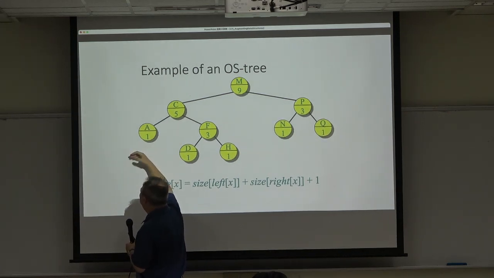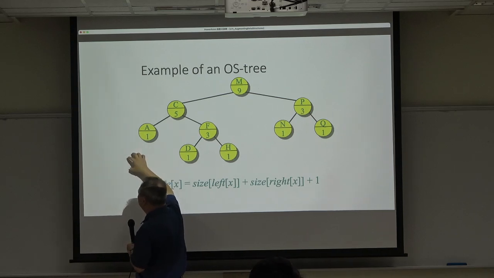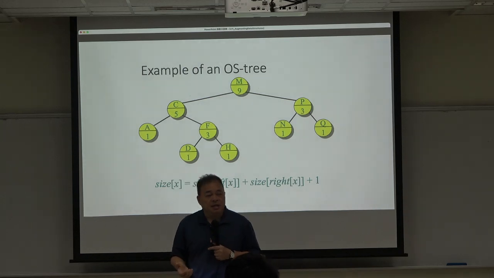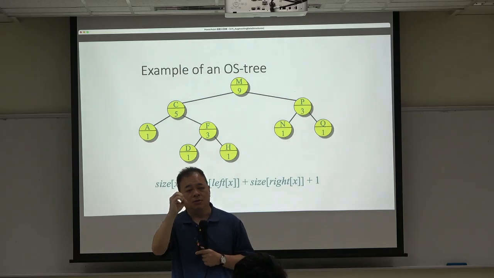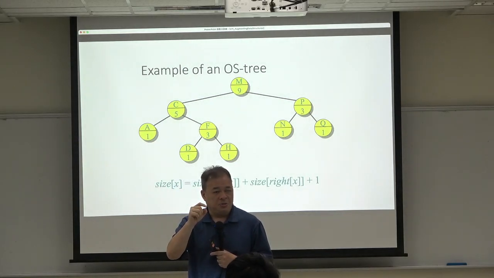The upper half of a leaf node is nil, but in the lower half we need to store the number of nodes in this subtree. So for consistency, we will store 0 in the leaf node for the size.